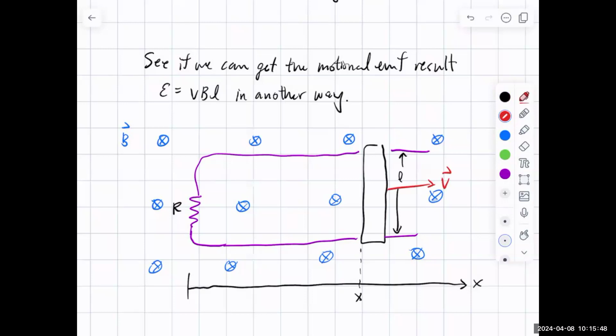So we did a bunch of flux calculations for electric fields when we were talking in particular about Gauss's law. And so I want to do something similar for magnetic fields. But in this case, the geometry is really simple. Remember, the way we calculated electric flux was this integral of E dot dA.